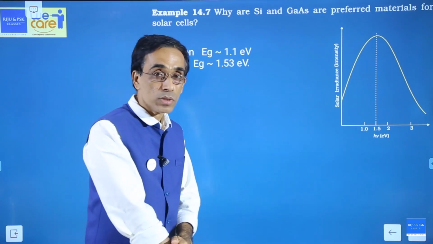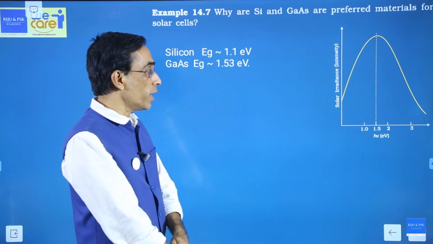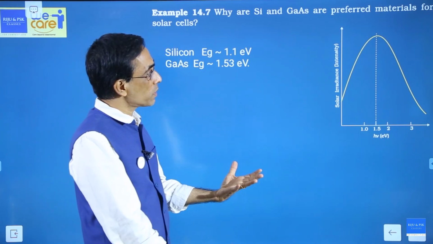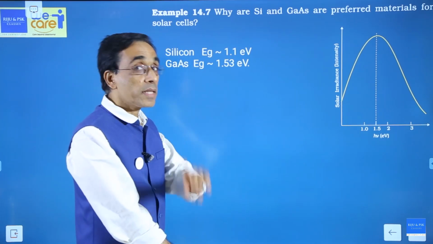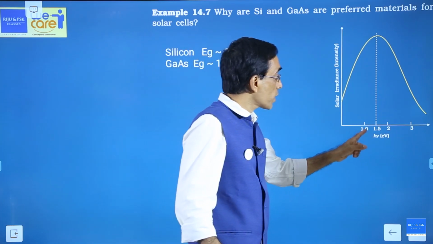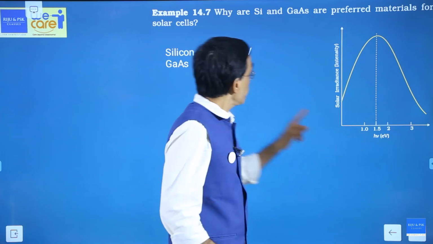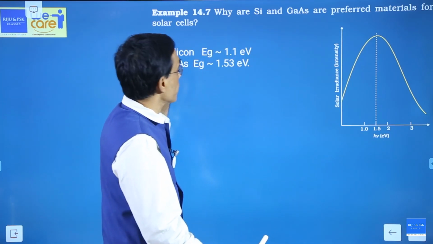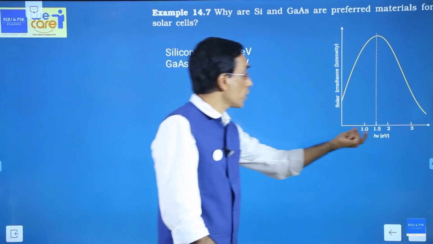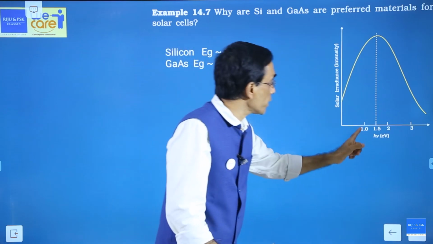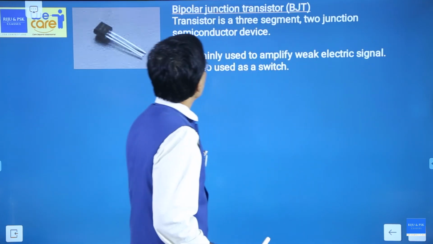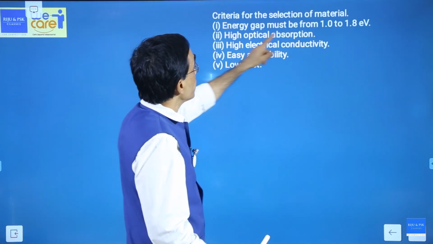That's why sunlight is hot. So if you want to absorb and produce maximum energy, then the energy gap should be able to convert these photons into electricity. That's why we go for silicon or gallium arsenide. Gallium arsenide 1.5, silicon 1.1, between 1 and 1.8. That's why we said it should be between 1 and 1.8.